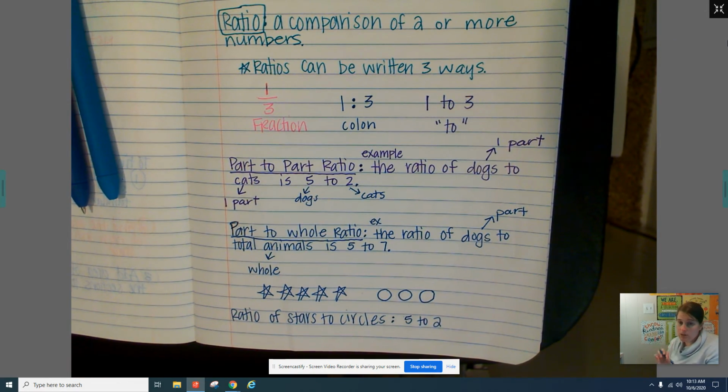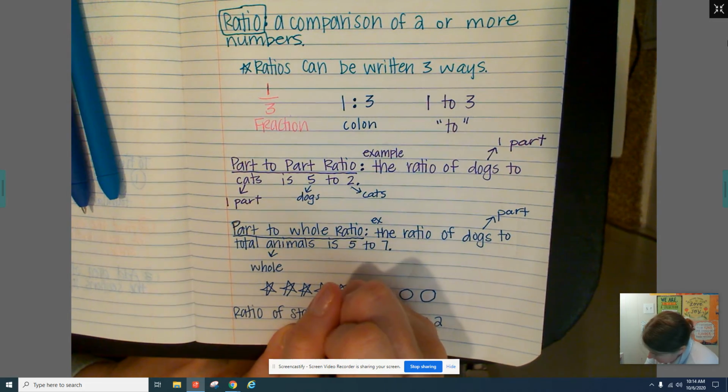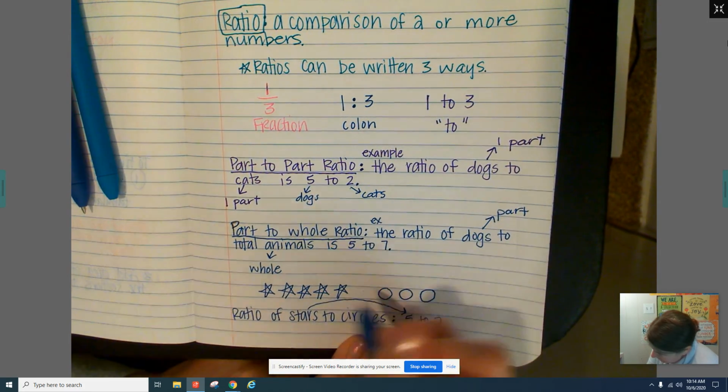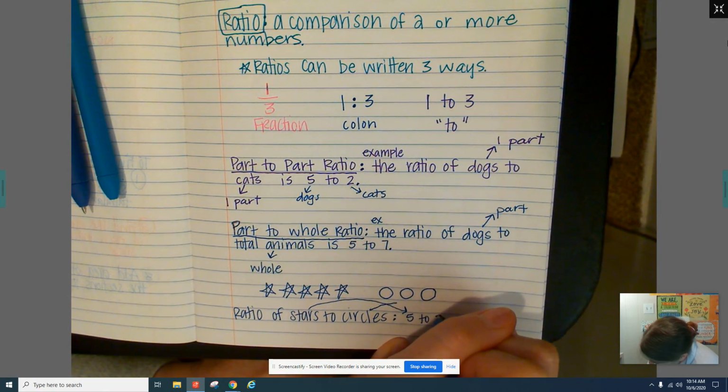Now, what I want to bring to your attention that's really important, my first ratio of stars, the first number represents stars. So the first number goes with the 5. And then the second number represents circles. It's not 2. Why did I write 2? It's 3.